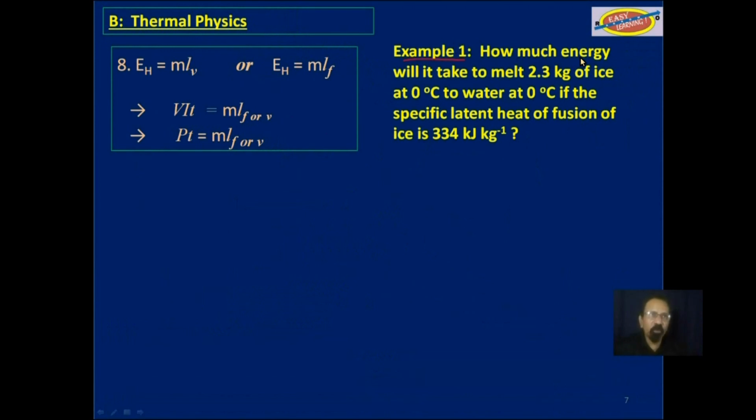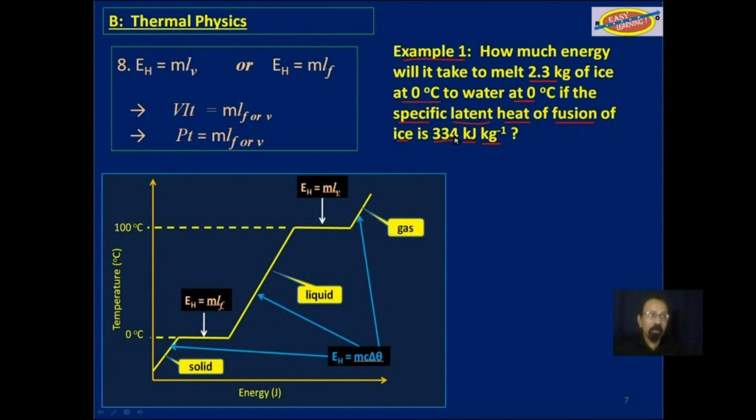How much energy will it take to melt 2.3 kilograms of ice at 0 degrees Celsius to water at 0 degrees Celsius if the specific latent heat of fusion of ice is 334 kilojoules per kilogram?